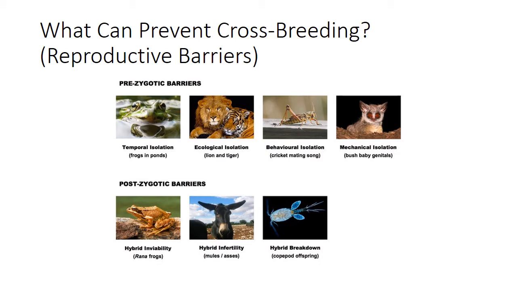Then there is interesting behavioral isolation. You see here, this is a cricket, top row, picture three from the left, or two from the right. A cricket, interesting creature, yes. They are very loud. Crickets can sing so that you will find a place to hide away. And they have different mating songs, right?